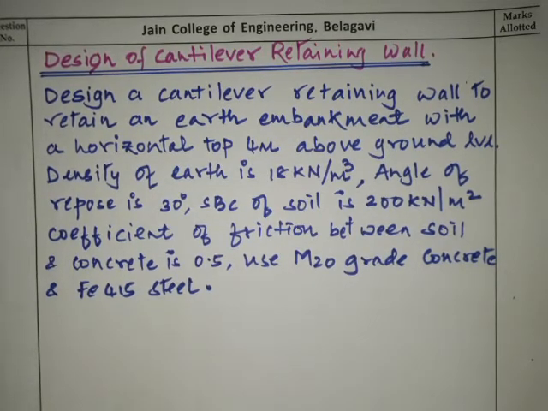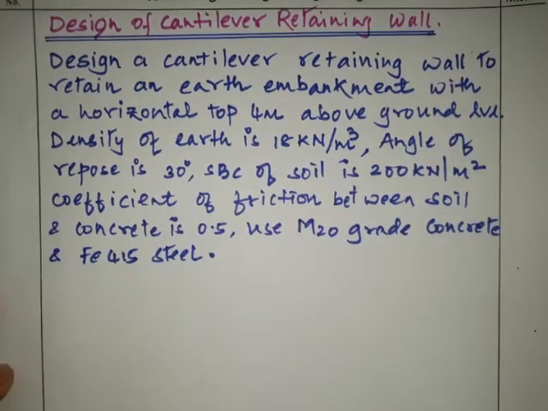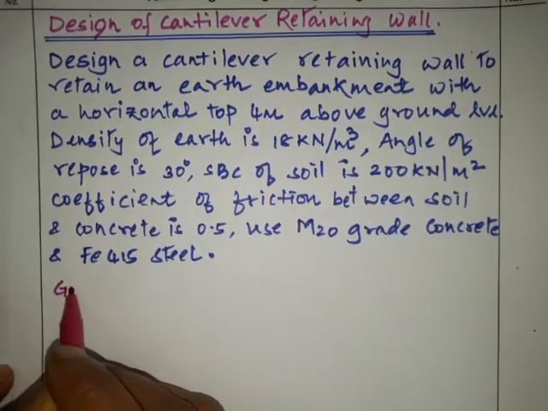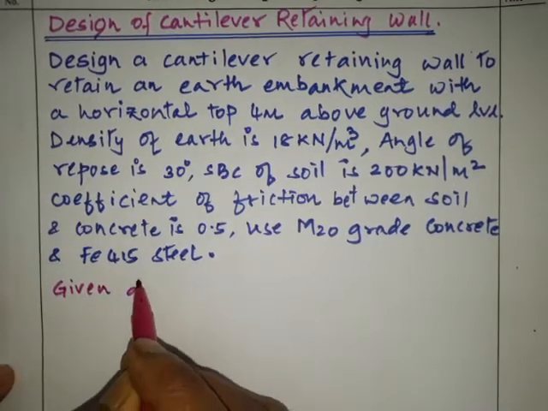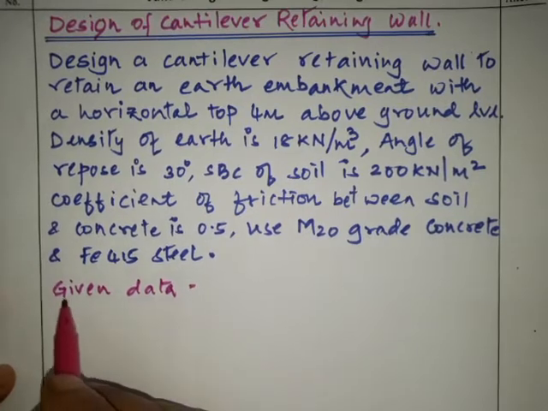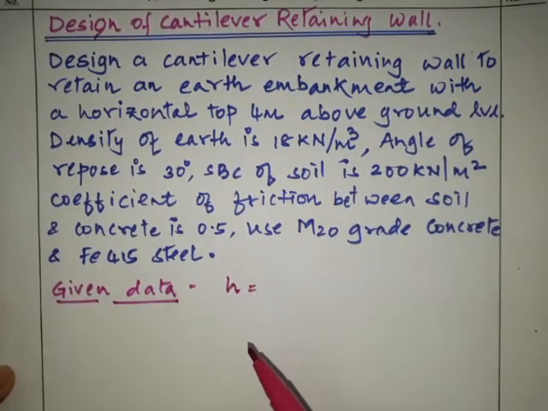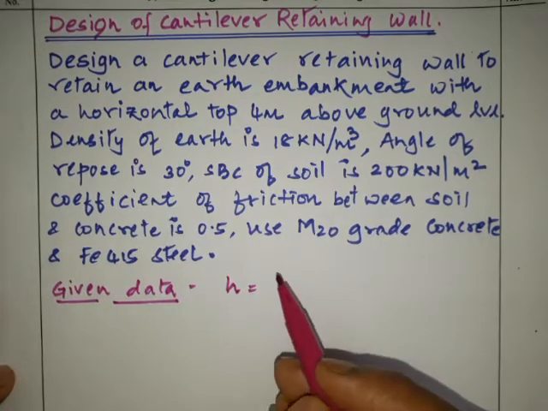So, given data. First is the height of the earth embankment above the ground, which is 4 meter.